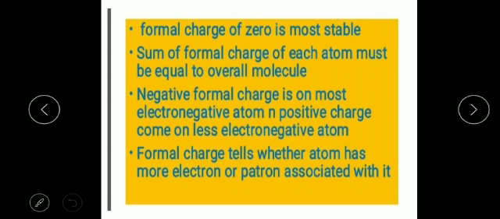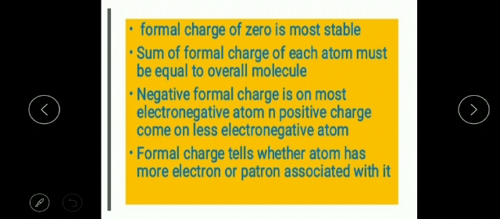The reason is that if the positive charge comes on an electronegative atom, then the electronegative atom is not capable of acquiring the positive charge. It becomes highly unstable. So the molecule becomes reactive and its stability decreases.